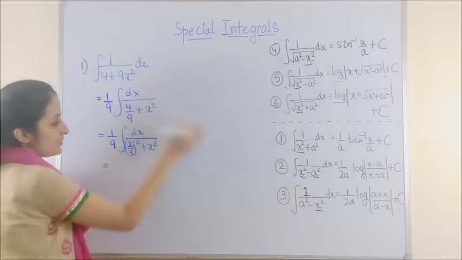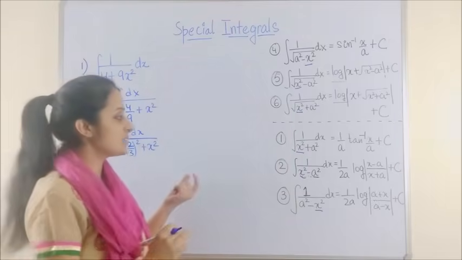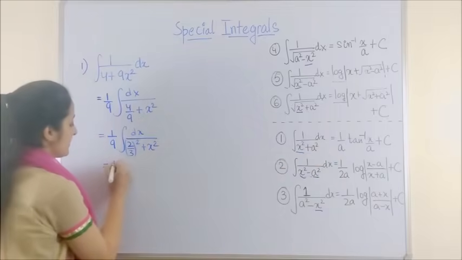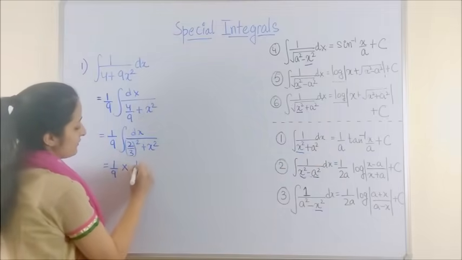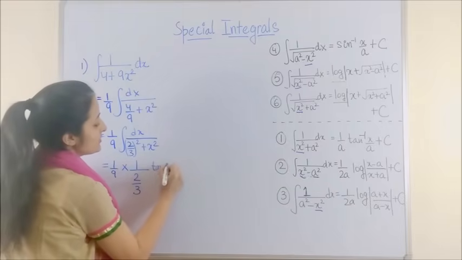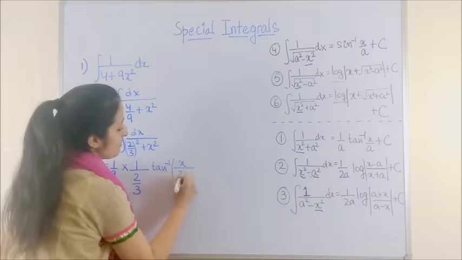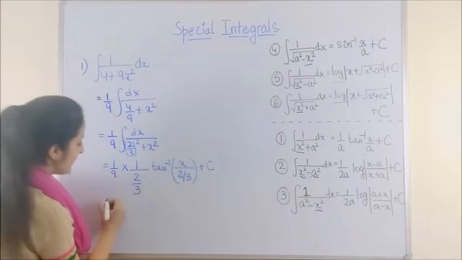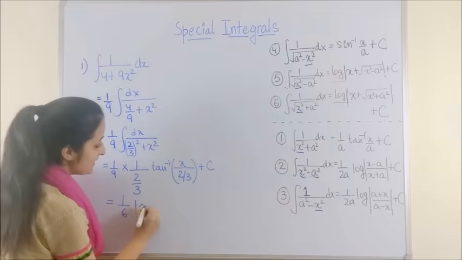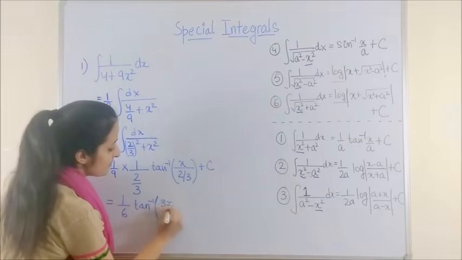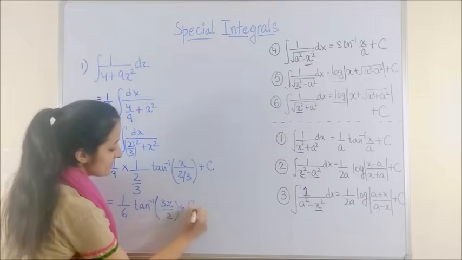Now, if you look at the list, this is 1 upon a square plus x square, or x square plus a square. So it becomes 1 by a, which is 1 upon 2 by 3 into tan inverse of x by a plus c. On simplifying, you get 1 by 6 tan inverse of 3x by 2 plus c.